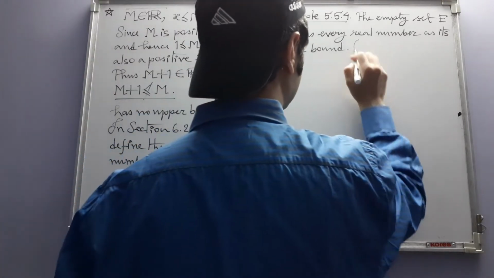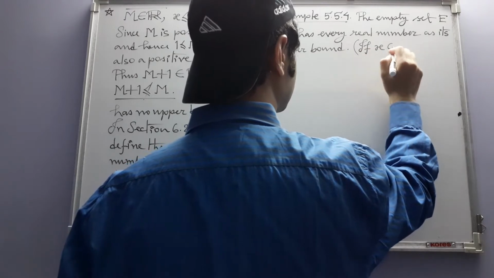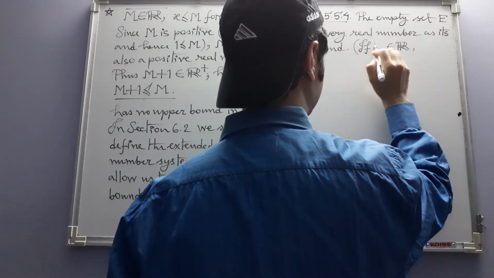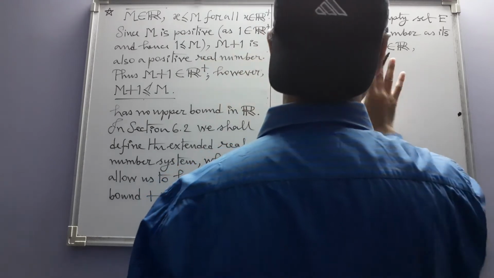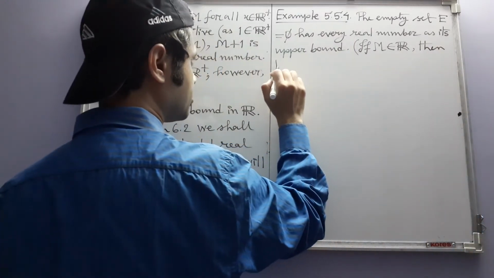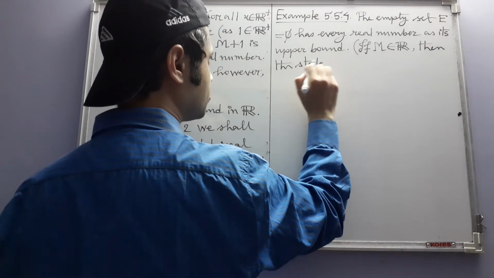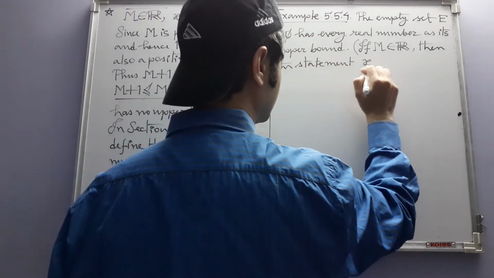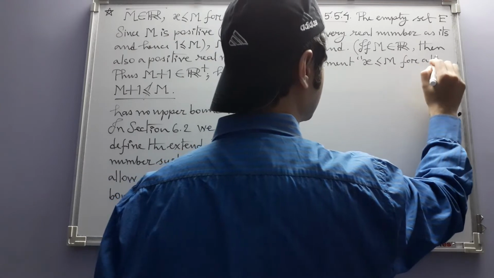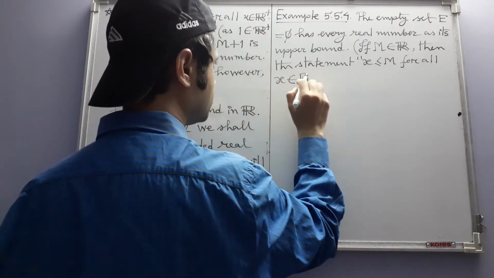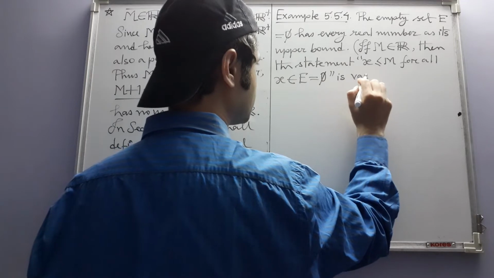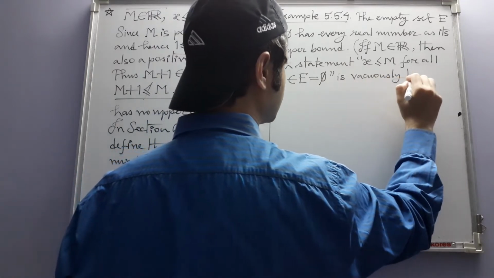Because you see, if m is any real number, then the statement that x is less than or equal to m for all x belonging to E is vacuously true.